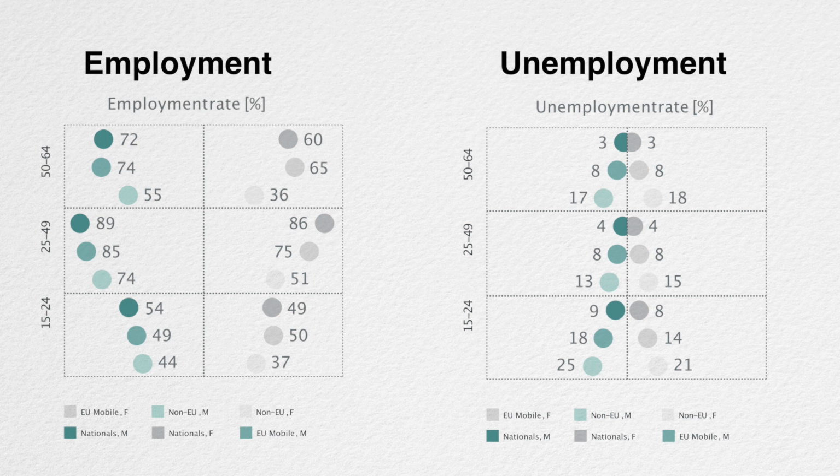So for instance, in the major age category between 25 and 49, so that's our big working age population, what you can see is that non-EU immigrants have around a 74% employment rate, whereas nationals have an 89% employment rate, and EU nationals have an 85% employment rate, and this is at least amongst the men. Which is a little bit closer.